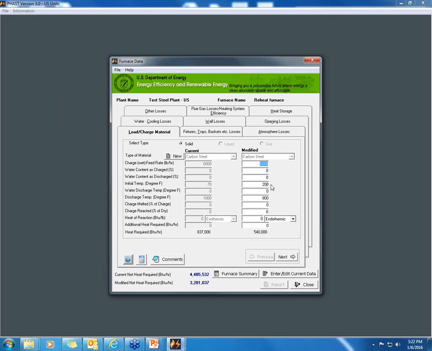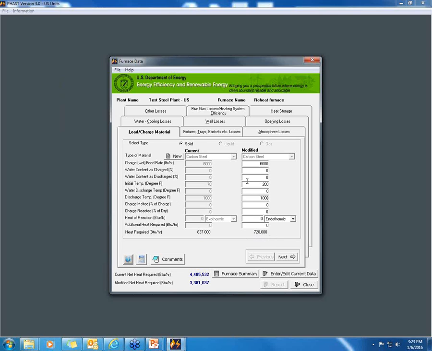So you say 200 degrees Fahrenheit here, and the discharge temperature we keep at 1000. What happened here is that by just going from 70 degrees Fahrenheit to 200 degrees Fahrenheit, you are reducing energy consumption from 837,000 BTU per hour to 720,000 BTU per hour.